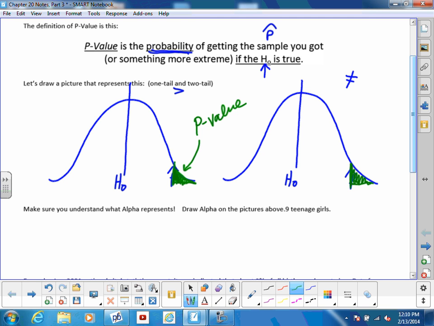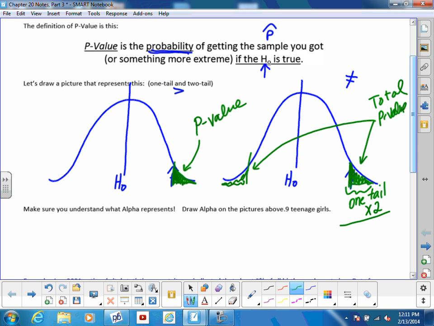But since this is two-tail, when you find your sample or something more extreme, you mirror image it over here. So to get the total p-value, you take one tail's p-value and multiply that by 2. Okay.